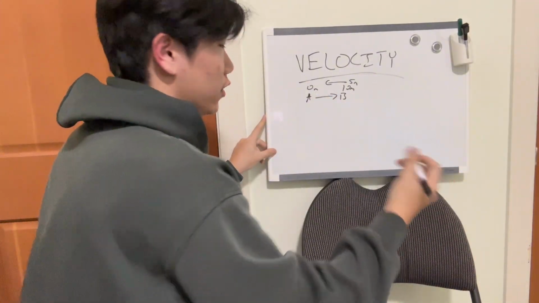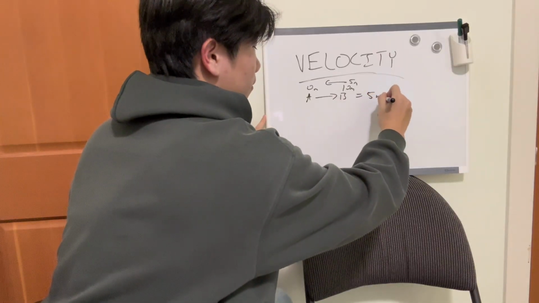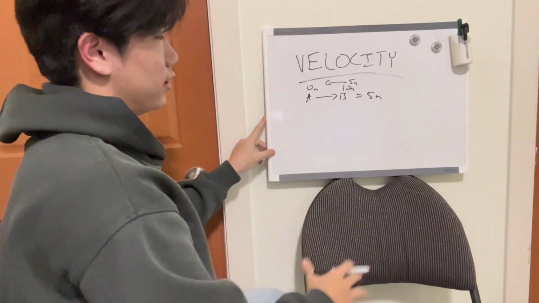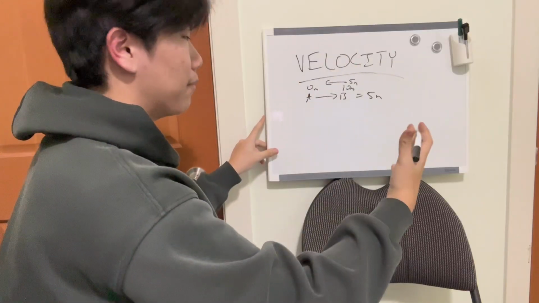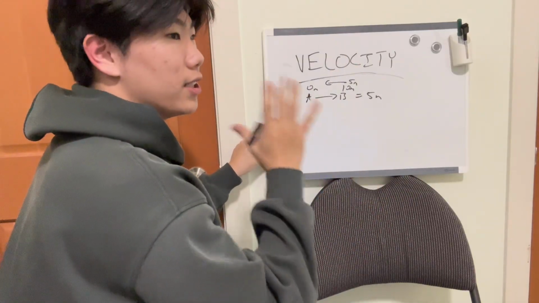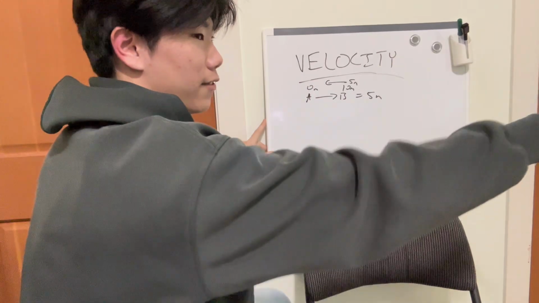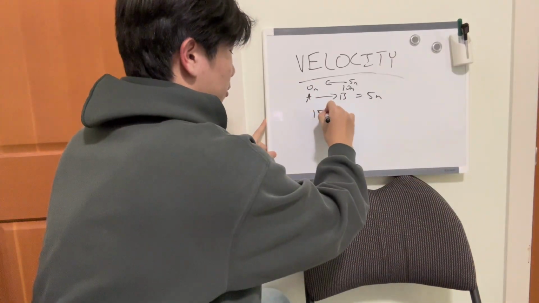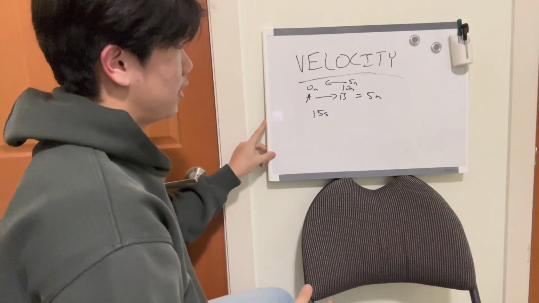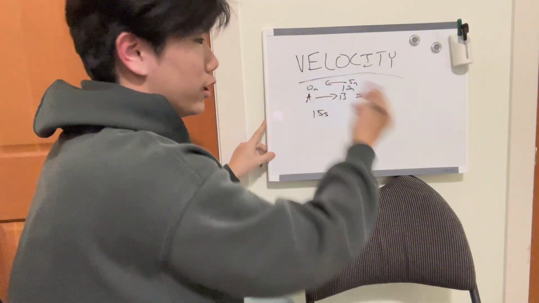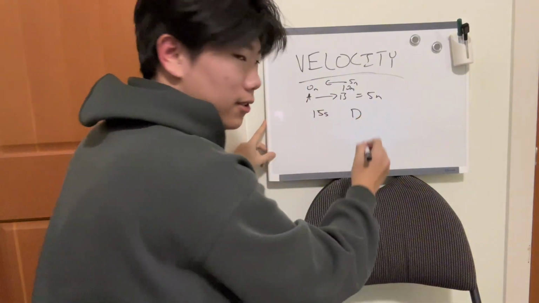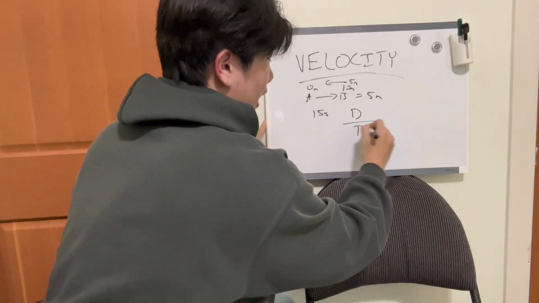Total position change is equal to 5 meters. Now, that's displacement. To get velocity, we also have to add a time. Let's say it takes me 15 total seconds to walk 10 meters and 5 meters back. Now, to find velocity, the equation is the displacement divided by the time.